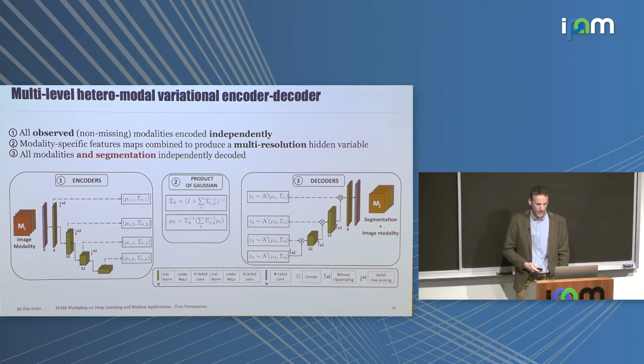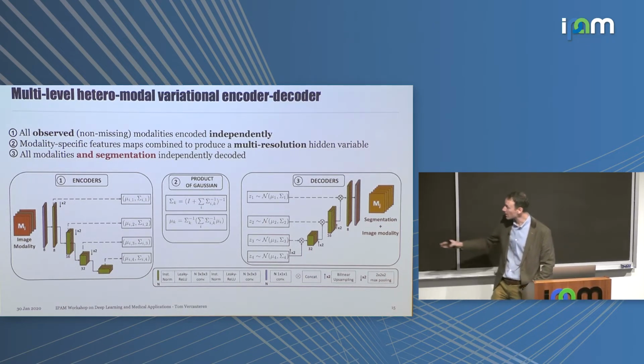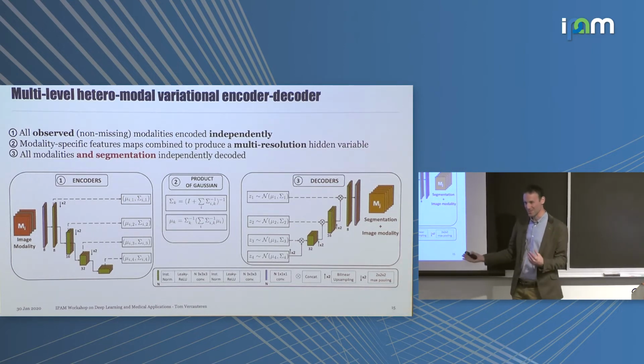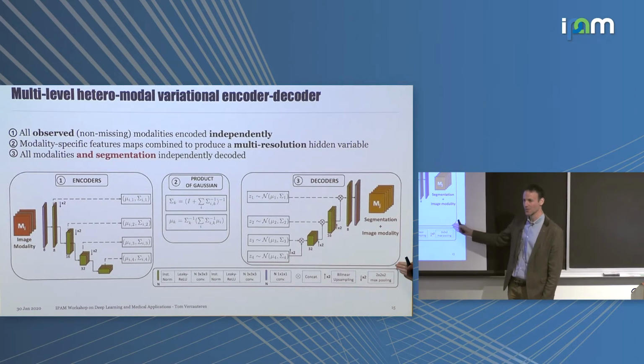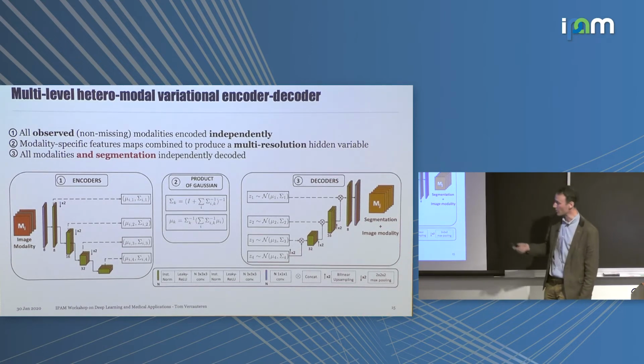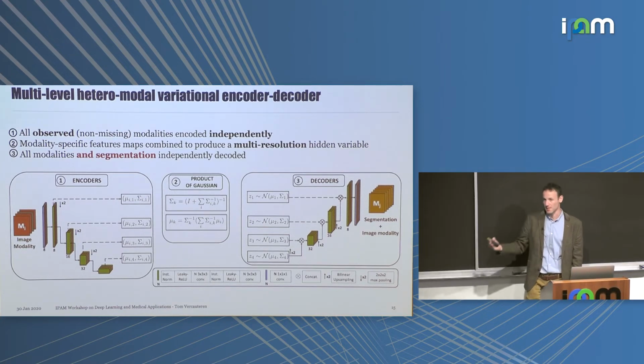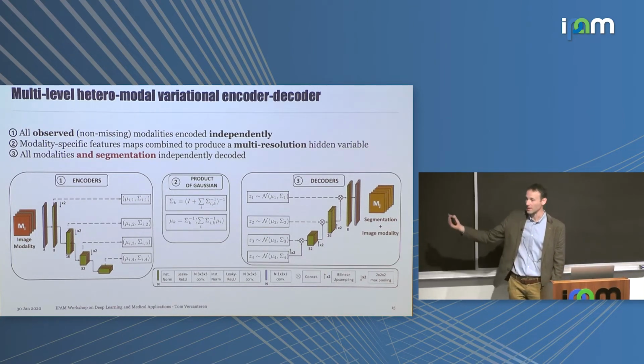At training time, we normally have access to all the images and all the segmentations as well. So we can compare the output of our VAE with the full set of modalities and segmentation, even if at the input we're given only a subset of the modalities.